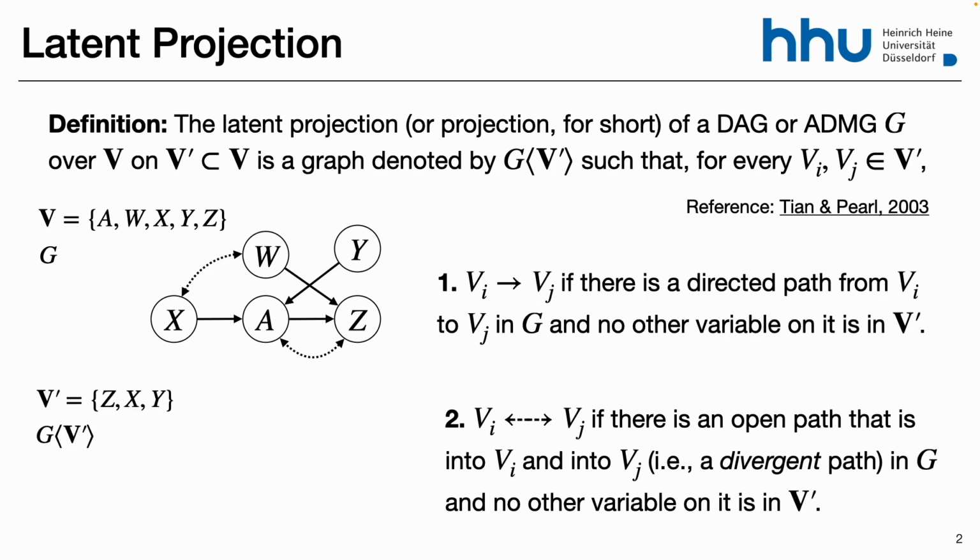Let me just show the example here. We have A, W, X, Y, and Z as the original set of variables, and this is the graph. Suppose that now I want to write the projection of this graph just over Z, X, and Y. For some reason I don't want to use A and W anymore.